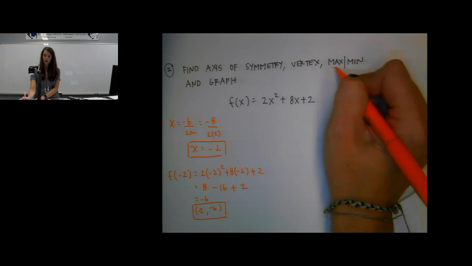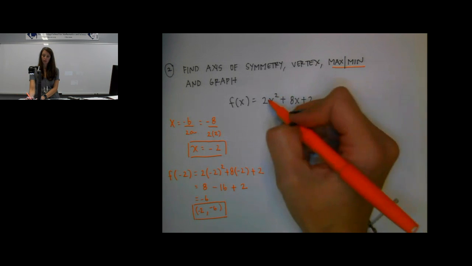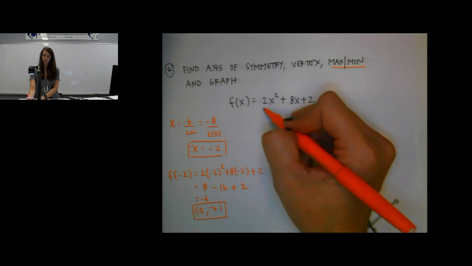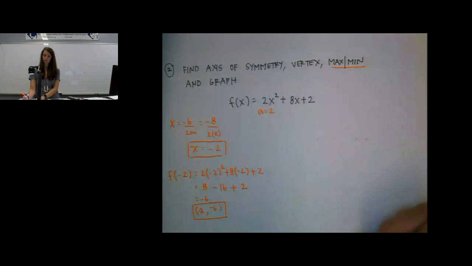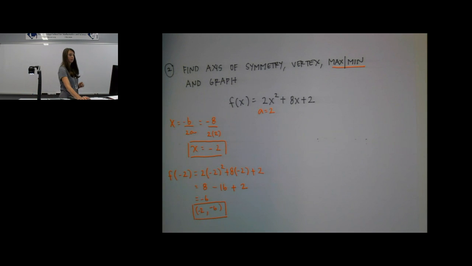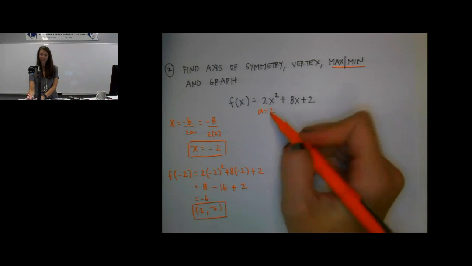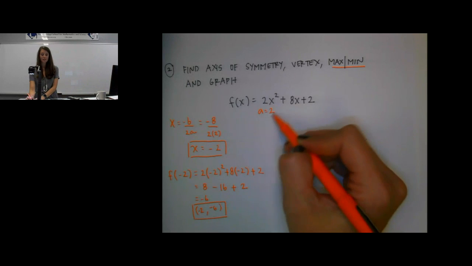Alright, so is it a maximum or a minimum point? A right there is going to be a positive 2.